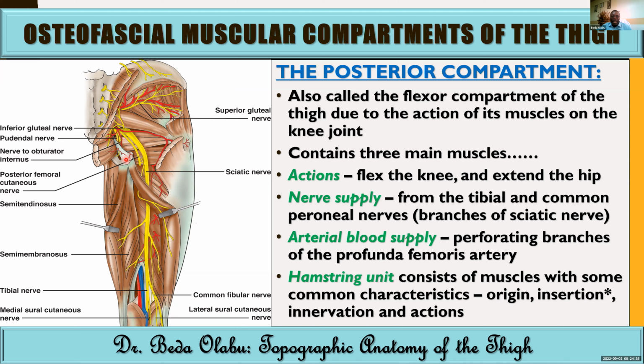So they all arise from the ischial tuberosity. The hamstring group has the same insertion, and this is "same" in quotes because it's not exactly the same unless you put it in a way that will actually be the same, and we can just say bones of the leg. So that will make them the same. They all insert into the bones of the leg.